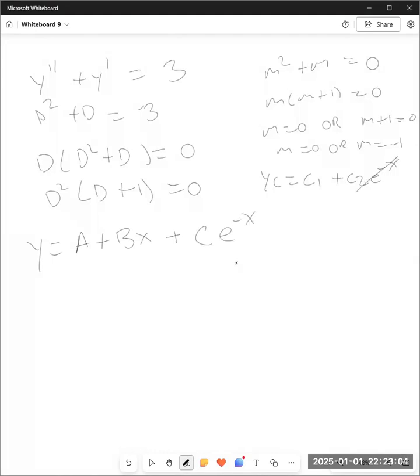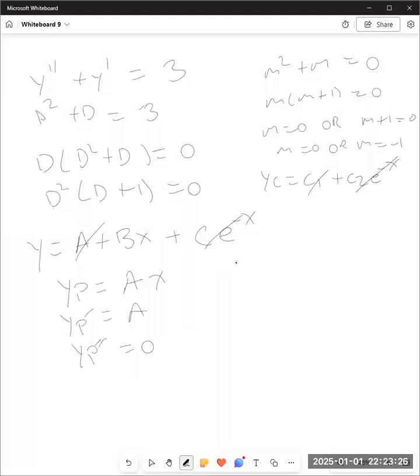So I have this part already taken care of and this part already taken care of. My yp needs to be a constant times x. So yp prime is equal to a, yp double prime is equal to 0.